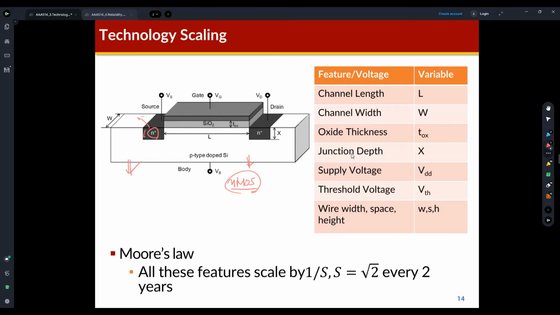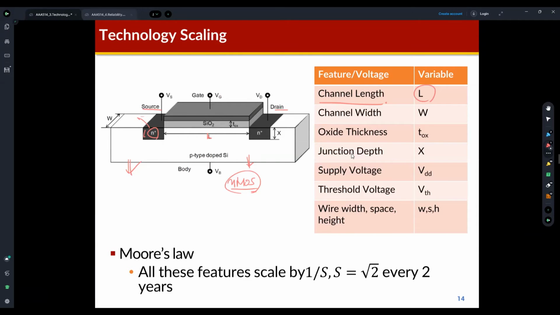The distance between source and drain is called the channel length. Sometimes it's called the channel width, but in this textbook and in this course, we just call it the channel length, L.